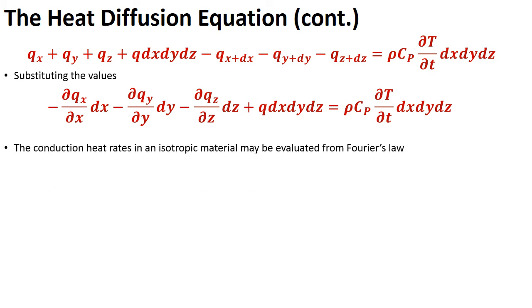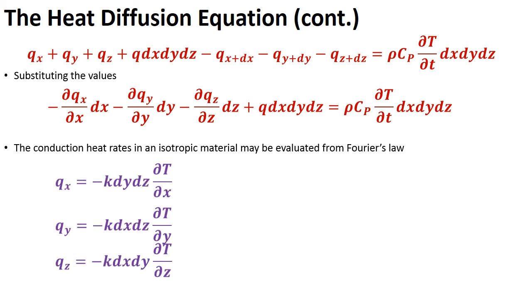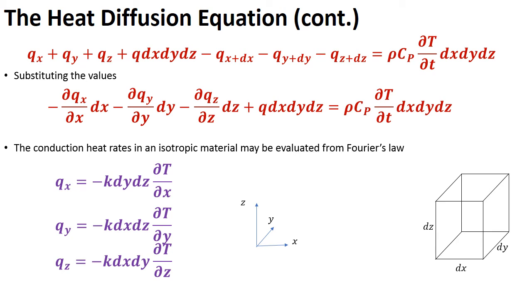Now using Fourier's law of heat transfer, Qx will be minus k dy dz ∂T over ∂x, Qy equal to minus k dx dz ∂T over ∂y, Qz will be minus k dx dy ∂T over ∂z. Now this is a cube and this is the heat flow in the x direction.